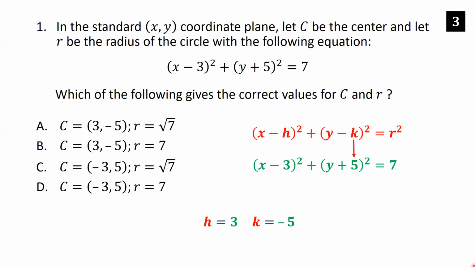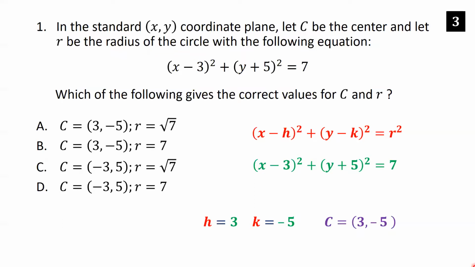Notice it's negative 5 because we have to take the opposite sign there, right? Because y plus 5 is the same as y minus negative 5. Let's just replace that so you could see it clearly, right? Okay, so that means that the center of the circle is the point (3, negative 5).